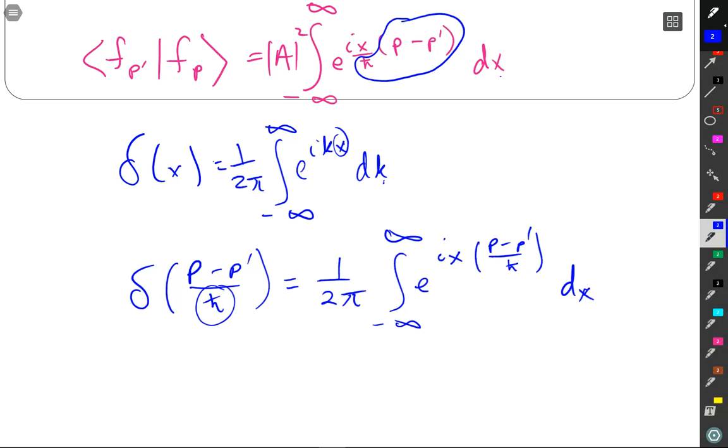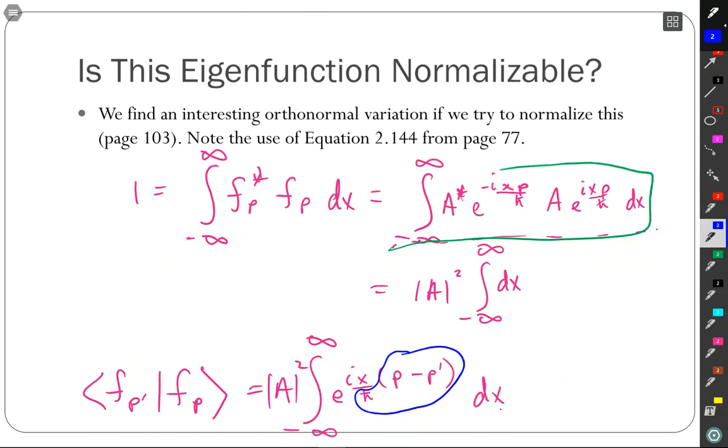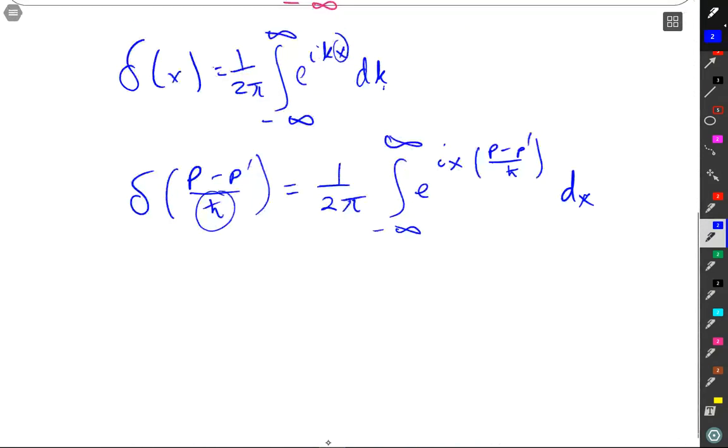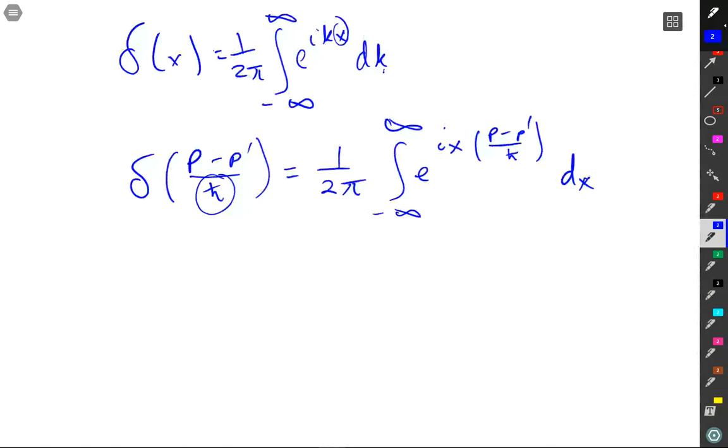So let's look back at page 108. I think it's 108. Actually, up top, 103. 103. 108 was the next problem, which clearly we're not getting to.